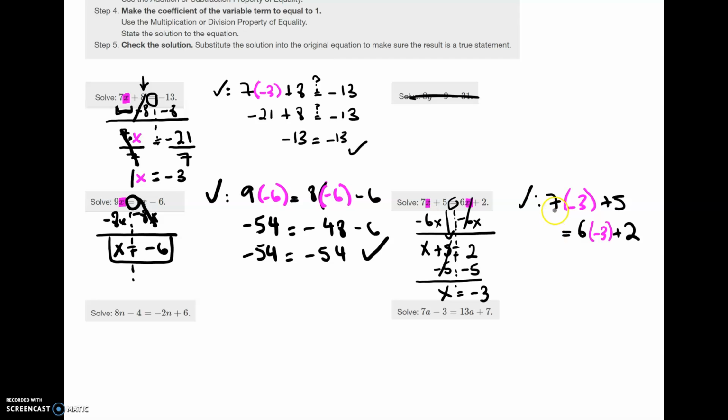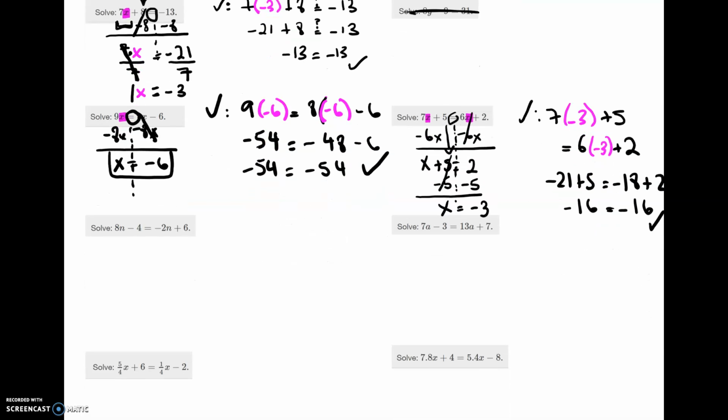Okay, so 7 times negative 3 is negative 21 plus 5 is equal to 6 times negative 3, which is negative 18, and we add 2. Negative 21 plus 5 is negative 16, and negative 18 plus 2 is negative 16. So we did this one correctly.